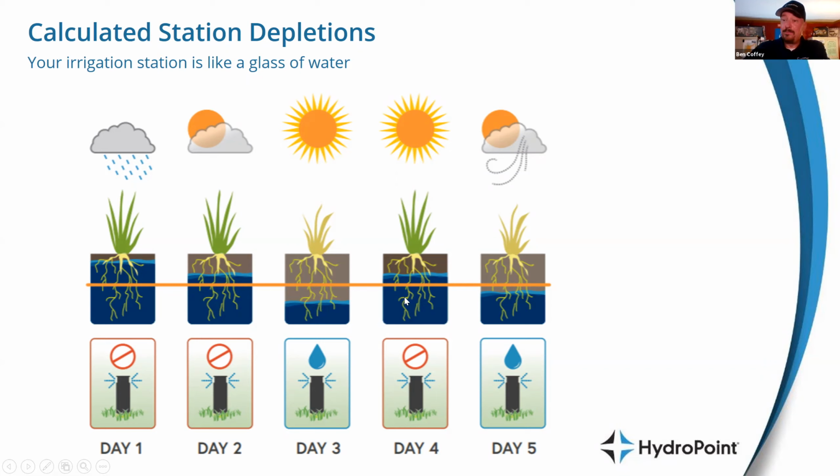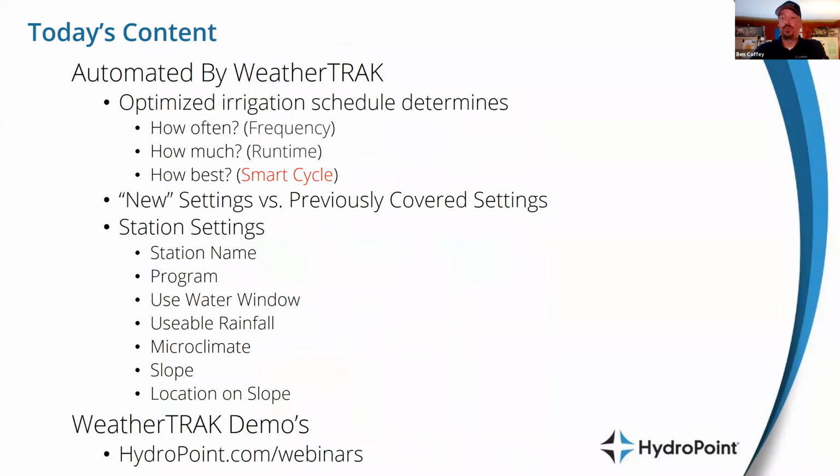So our conversation around the program settings for auto mode really revolves around this science, what goes into calculating how fast water is depleting and calculating how best to return that water back into the soil.